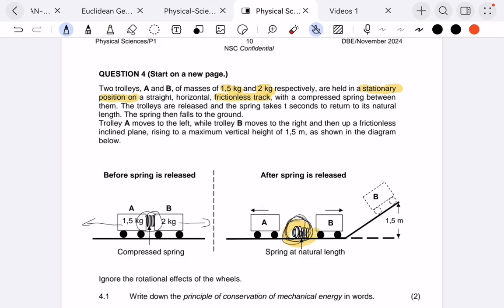So I can write what I know. I know that the time it takes for the spring to go back to its natural length is equal to t. So the time it took for the spring to go to its natural length is t.